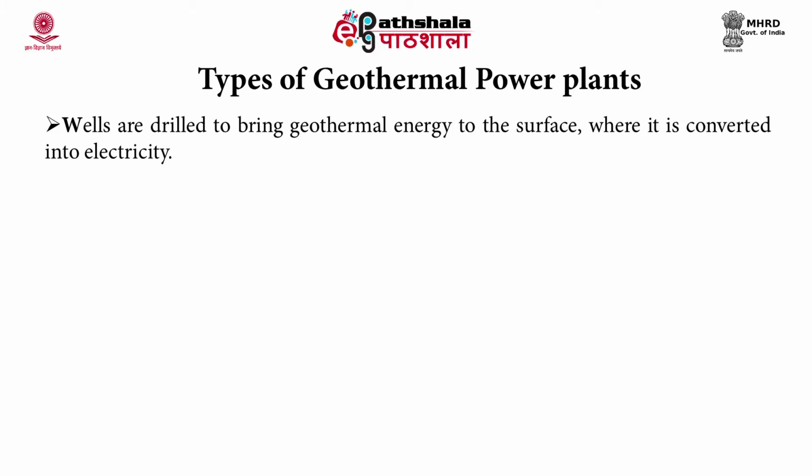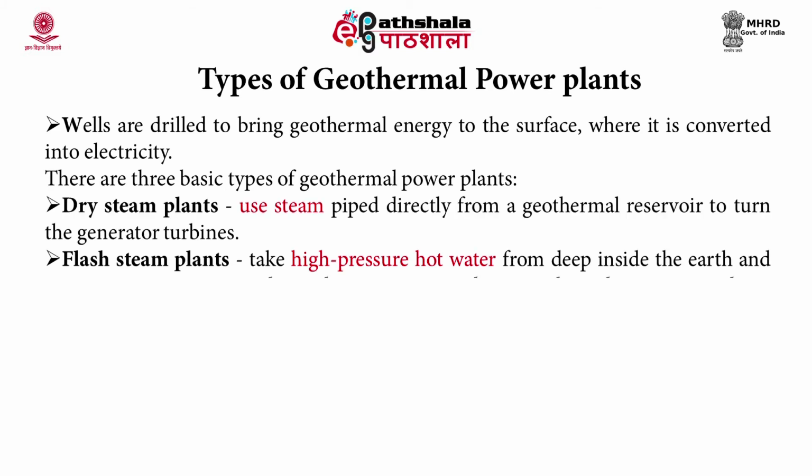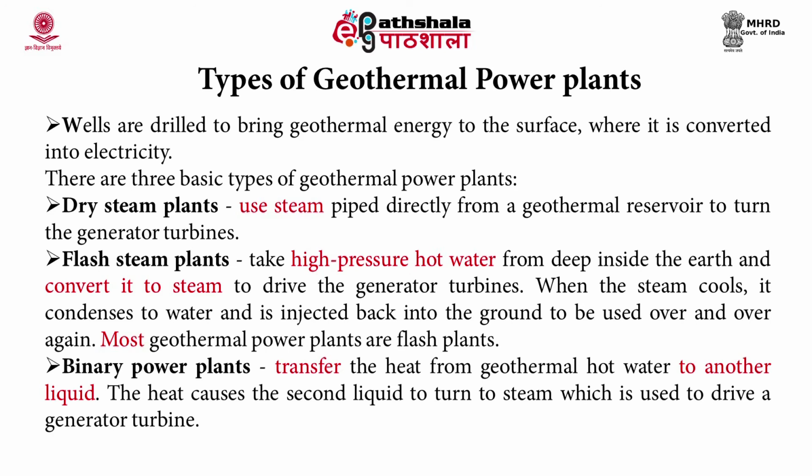So, we have seen that wells are drilled to bring geothermal energy to the surface, where it is converted into electricity. There are 3 basic types of geothermal power plants: dry steam plants, flash steam plants and binary power plants. Dry steam plants use steam piped directly from a geothermal reservoir to turn the generator turbines. Flash steam plants take high pressure hot water from deep inside the earth and convert it to steam to drive the generator turbines.